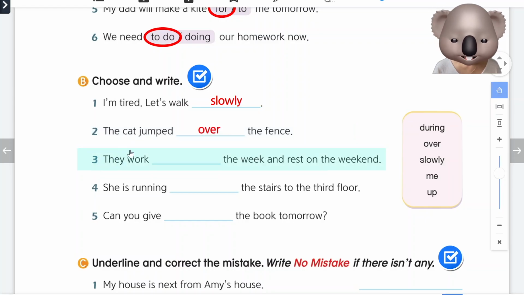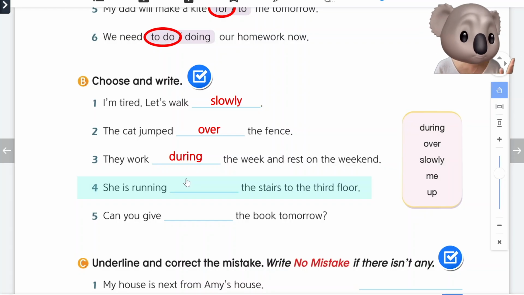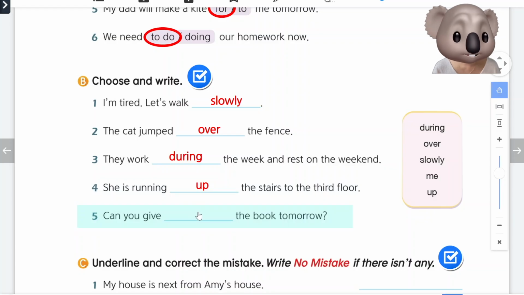Number 3, they work during the week and rest on the weekend. 평일 중에 during the week. Number 4, she is running up the stairs to the third floor. 3층이면 올라가야 되잖아. Up the stairs. Number 5, can you give the book tomorrow? 나한테? Can you give me the book tomorrow?